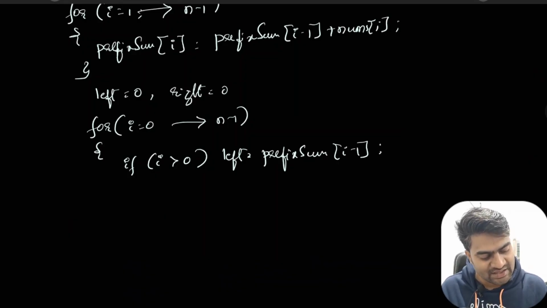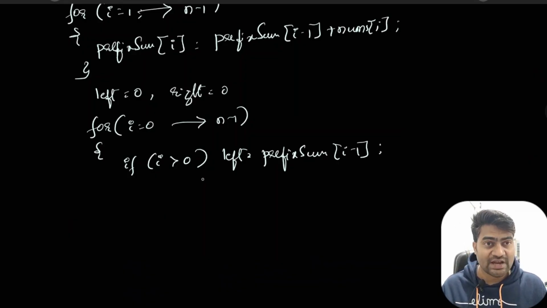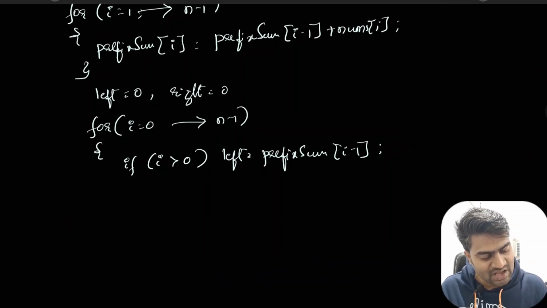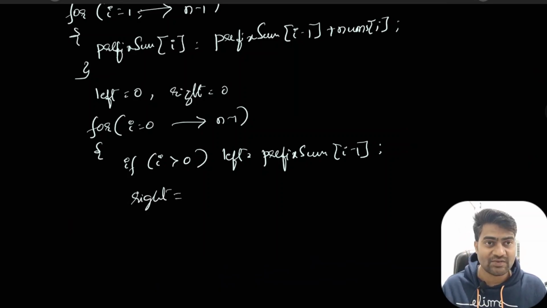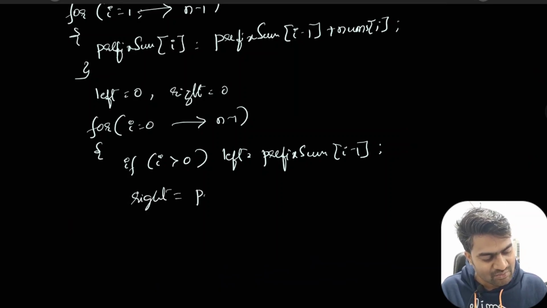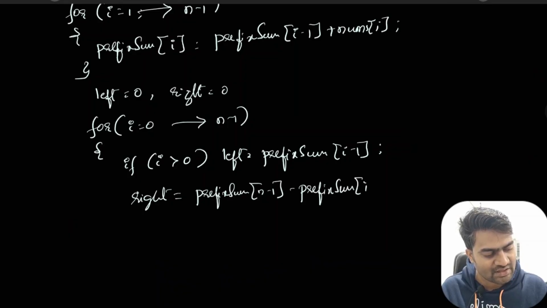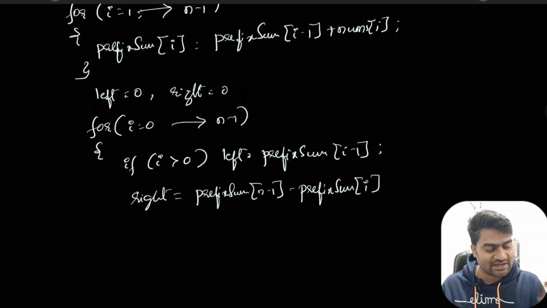Okay. Then we need to find the right value now. So after this, I will say our right value is basically prefix sum of n minus 1, basically the last value, minus prefix sum of the current index.